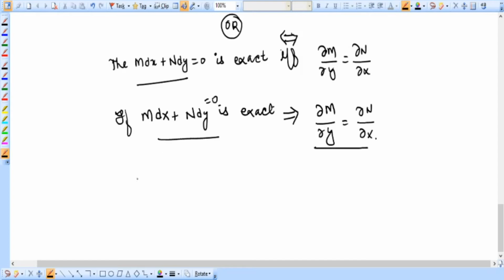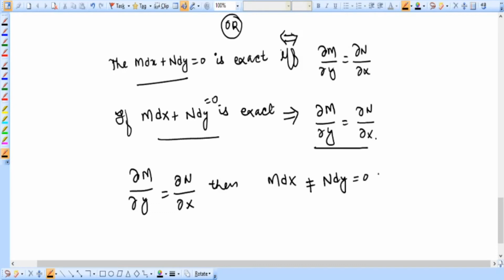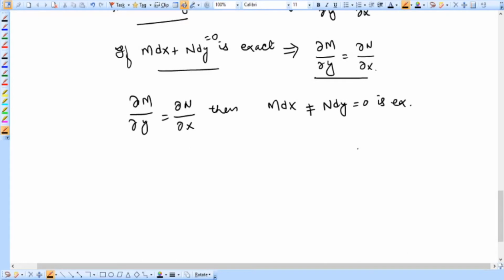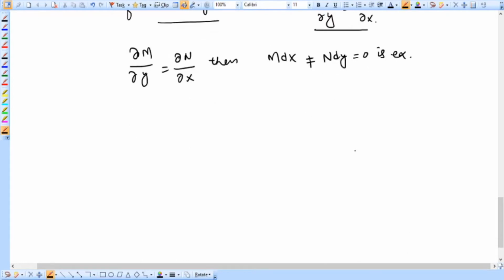Or conversely, if the partial of M with respect to y is equal to the partial of N with respect to x, then M dx plus N dy equal to 0 is an exact differential equation.